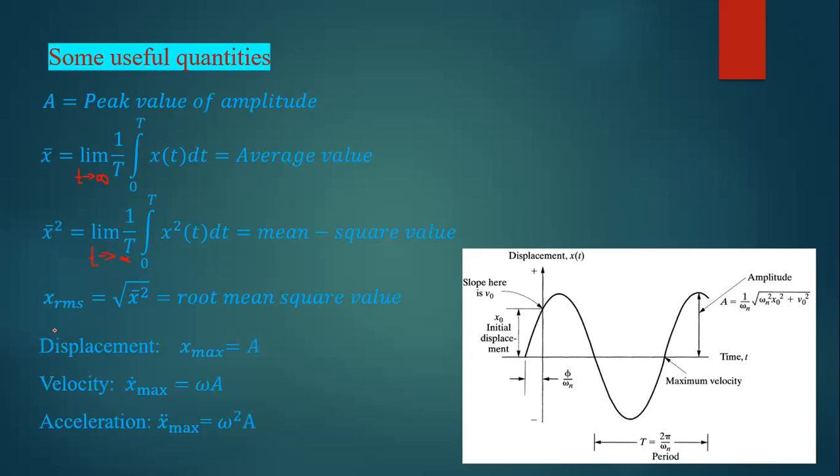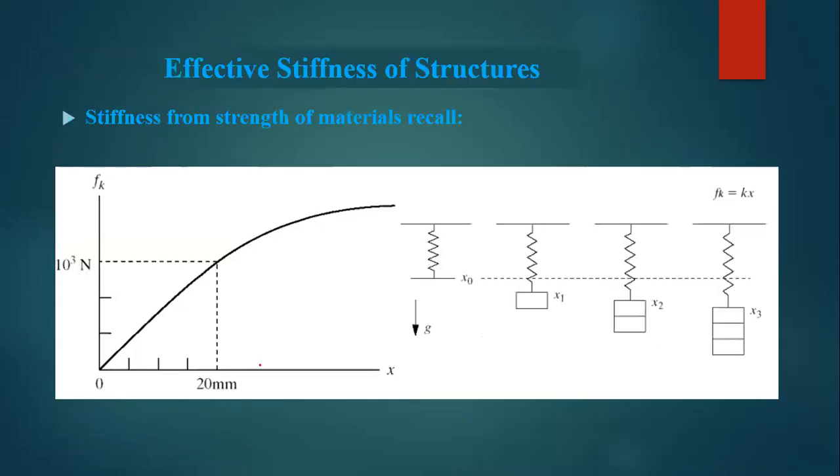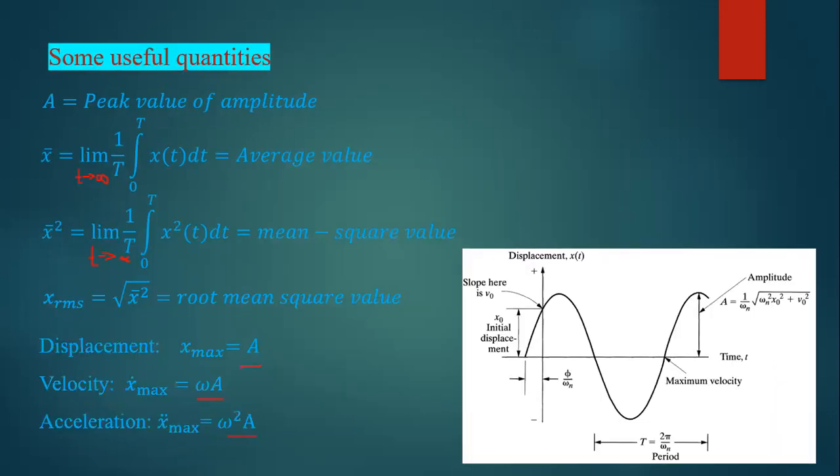The displacement is x max equals A, velocity x dot max, acceleration x double dot max, which are given by omega square A, omega A, and simply A. That is the representation. So this is a similar term which we have discussed. These are the time domain, where phi is represented by pi over omega n.